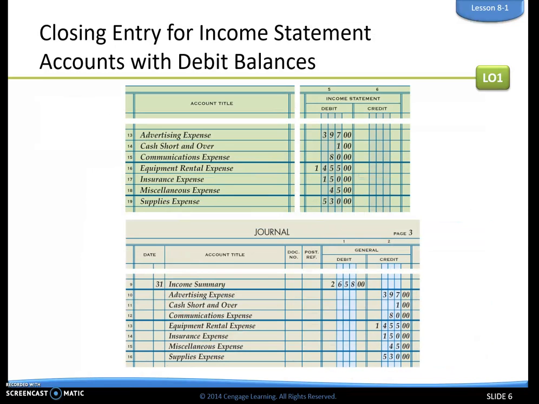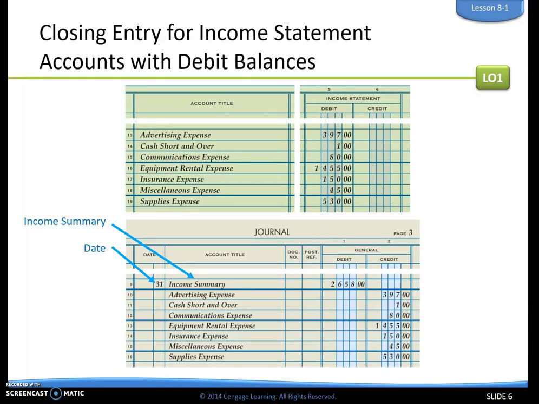Closing entry for income statement accounts with debit balances. In the income statement columns, all of the expenses have debit balances. In order to zero out those accounts, we need to make them credit balances. So you would put the date. Income summary is the temporary account we're going to use to close out these accounts.